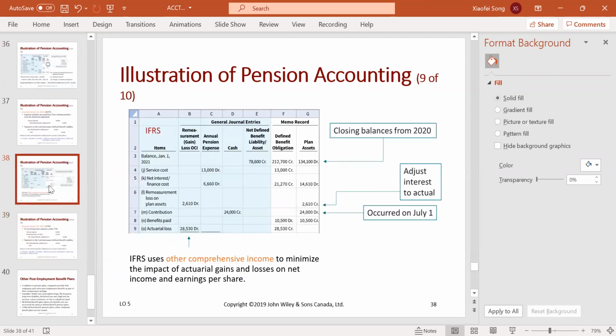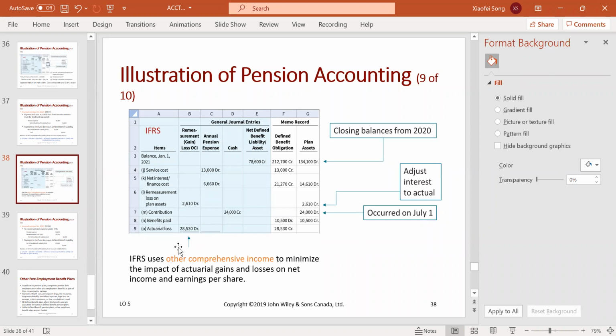If this company follows IFRS, things will be slightly different. There will be one more column in the worksheet, other comprehensive income. And the two remeasurement losses, one related to the difference between actual and expected return, the other related to the actuarial loss, will not be included in the pension expense but will be included in other comprehensive income.